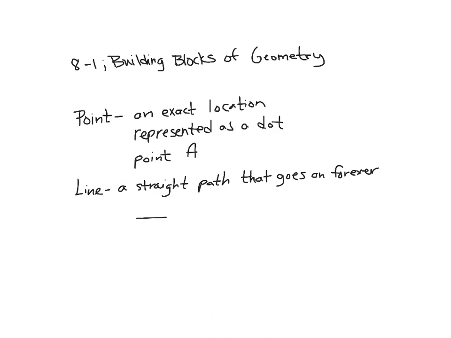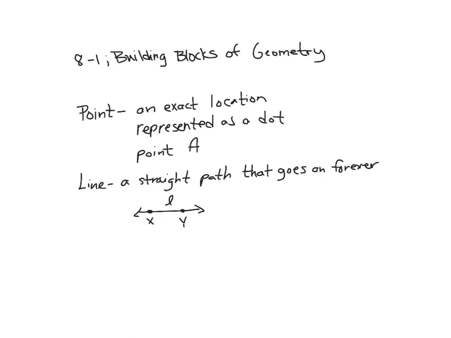An example would look like this, and there's arrows at both ends to indicate that it goes on forever in both ways. And then sometimes they just put like, this is line L. So some ways we can name this is XY, or you can have a line with YX because it goes on forever in both ways. You can use either way. Or you can use the lowercase letter.